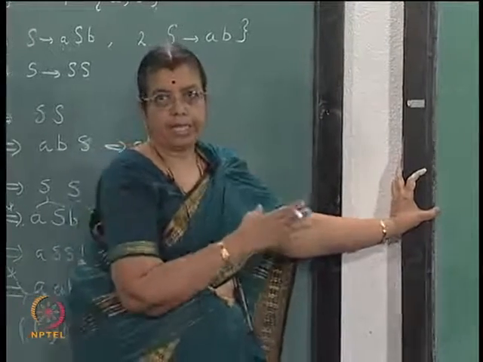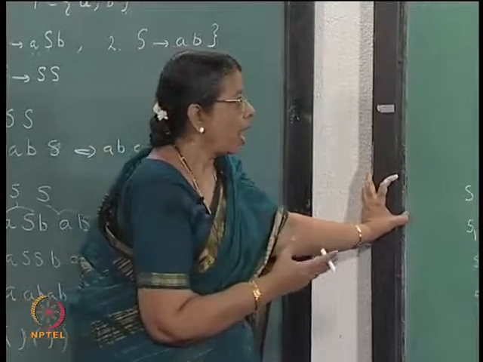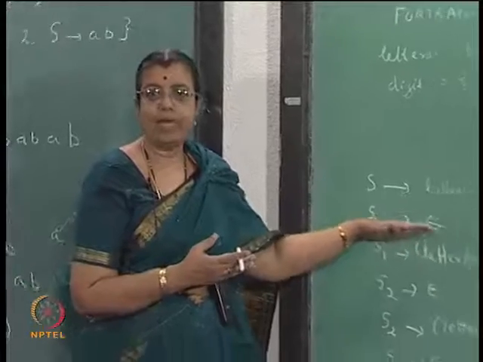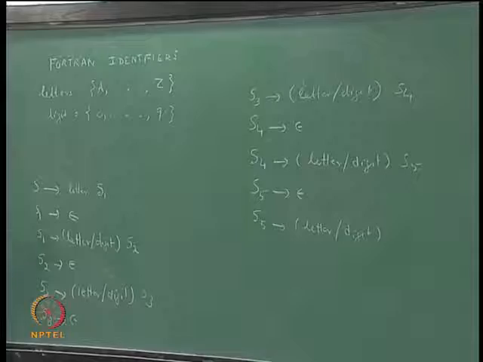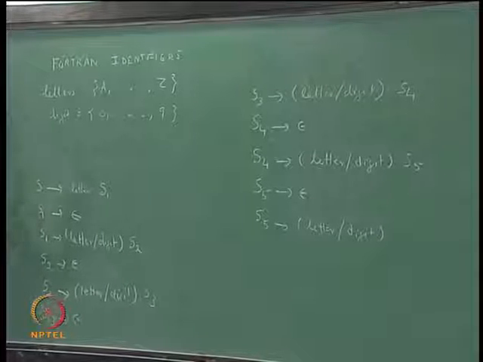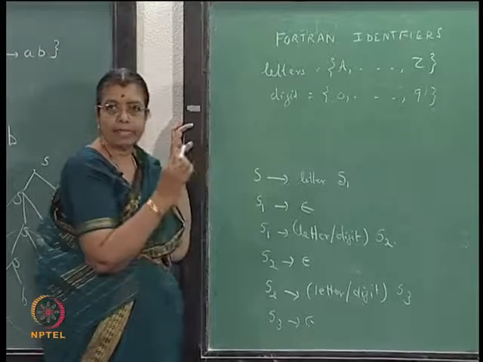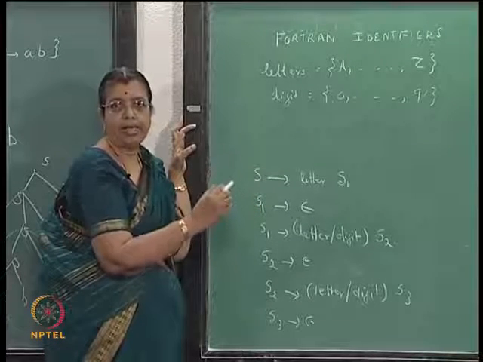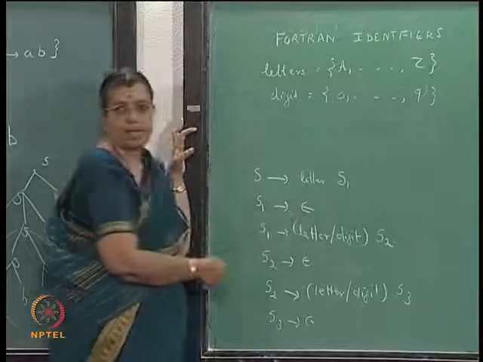You can express it as a regular expression, which I will learn in due course. And what type of a grammar is this? Look at this and tell me. You can see that the left hand side is a single non-terminal. The right hand side has one symbol followed by a non-terminal. It can be a digit or a letter followed by a non-terminal, or S goes to epsilon.